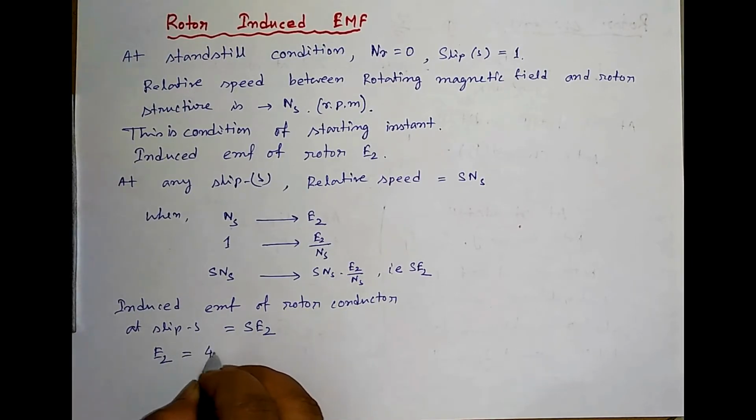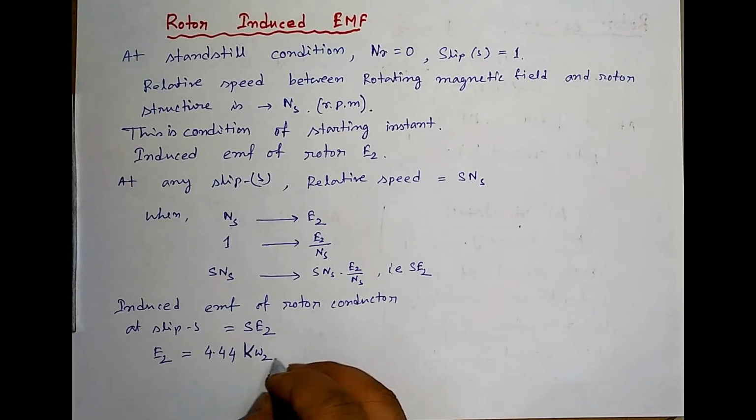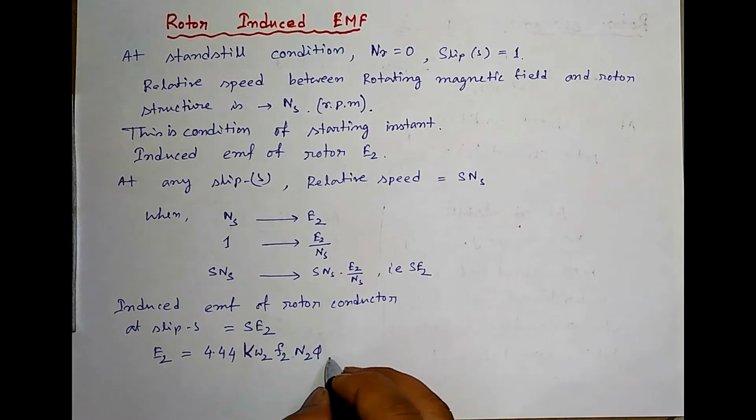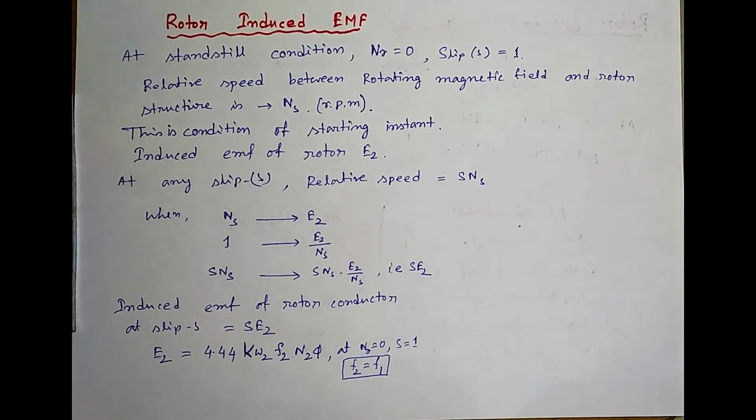E2 equals 4.44 Kw2 F2 N2 phi, where Kw2 is the winding factor, F2 is the rotor frequency. This is the standstill induced EMF, at Nr equals 0, slip equals 1, and F2 equals F1, that is the rotor frequency equals the supply frequency.